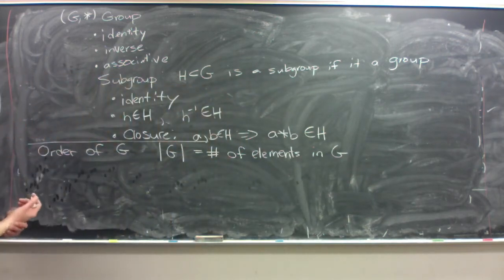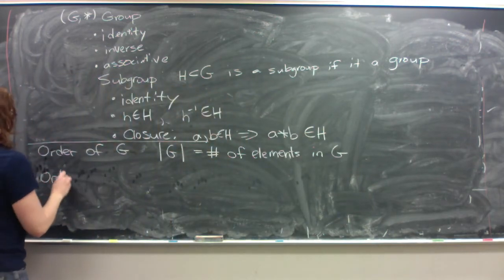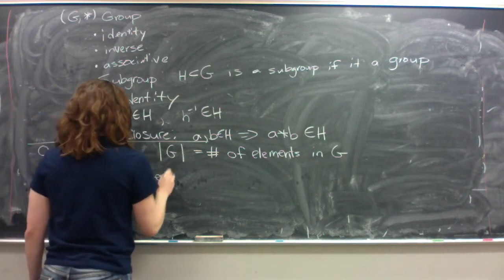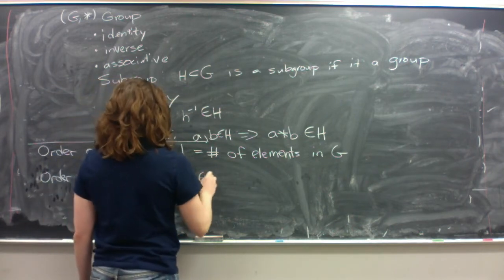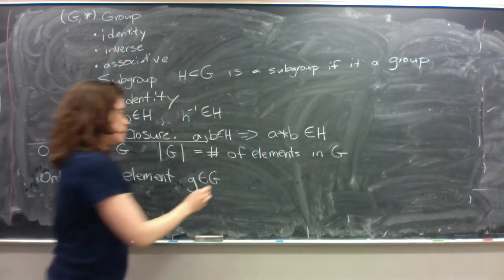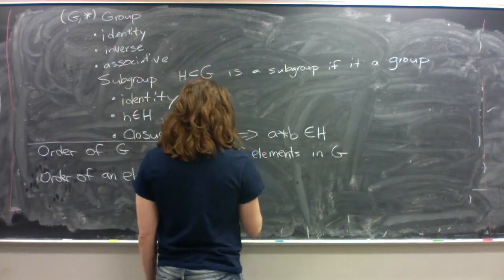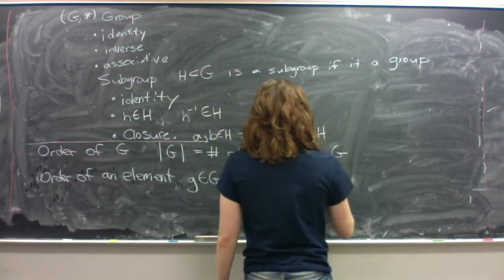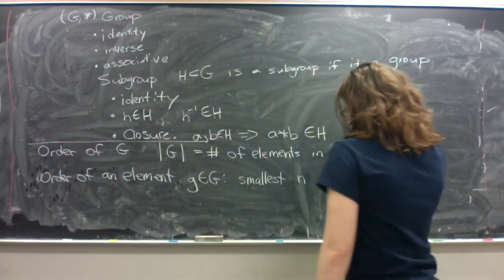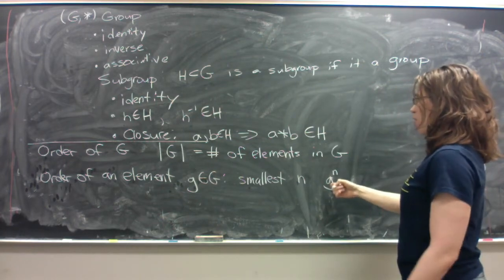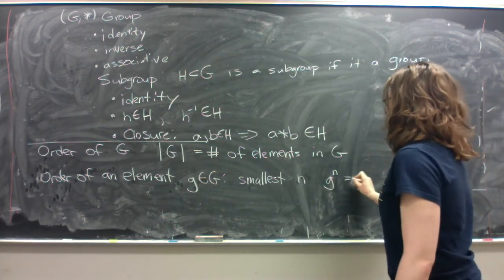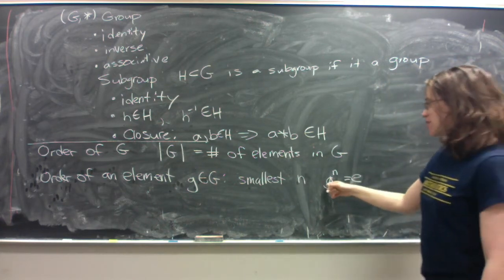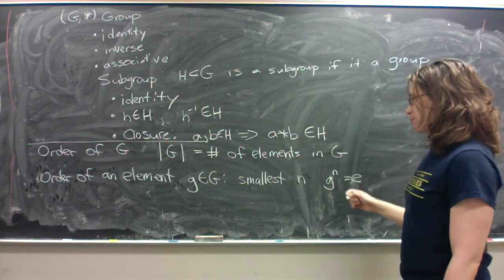But we also discussed the order of an element, where the order of an element is the smallest integer n so that when you apply the binary operation to n g's, you get the identity for the group. So this means n g's here.